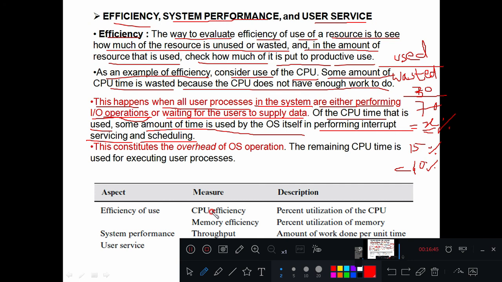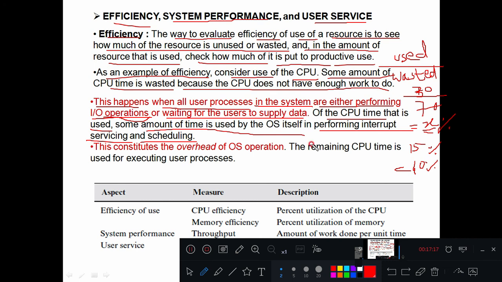So whenever the computer is turned on, the OS present in the read-only memory is brought into the central processor unit, and the central processor unit starts executing the operating system. Because the operating system is software, it will also take some amount of CPU time to execute itself, right?